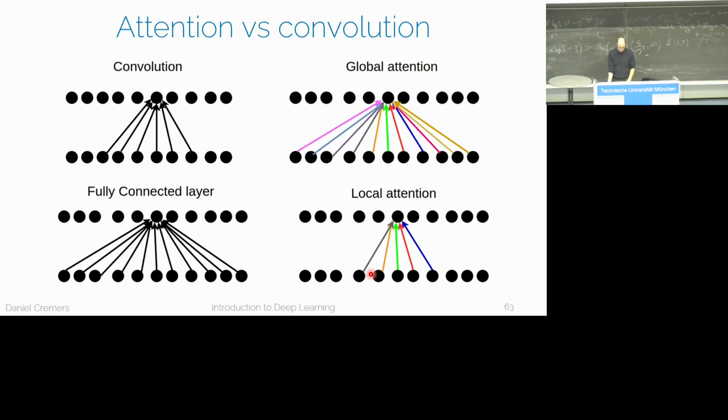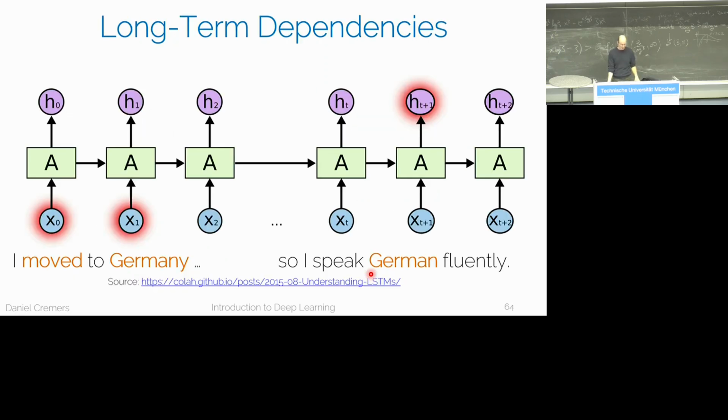But the idea is that with attention, you can capture long-range interactions like this one, where the meaning of some word, or the causal meaningfulness of a term here, will depend on much earlier terms.